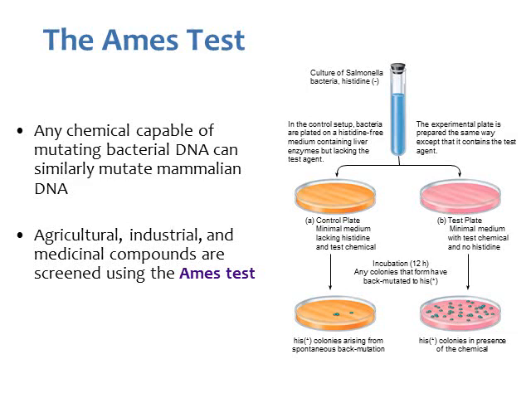And if more colonies back mutate in the presence of the chemical compared to without the chemical, then we say that chemical can actually cause mutations. And then they have to go through further testing to understand what is actually going on. So again, the Ames test is used to identify different compounds that can potentially cause mutations in living organisms.